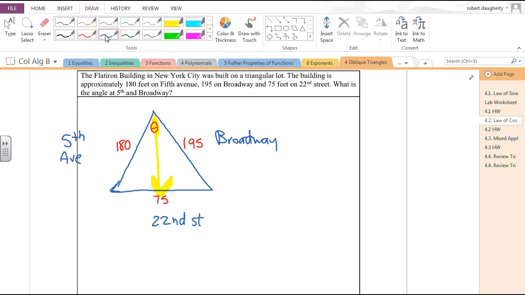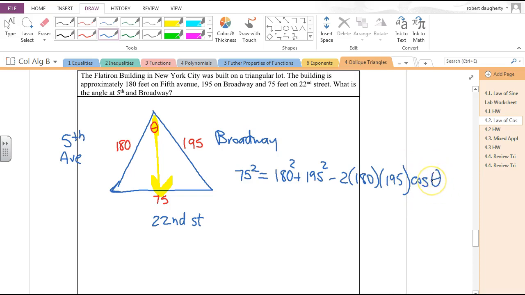75 squared equals what? Yeah, 180 squared plus 195 squared minus 2 times 180 times 195 times the cosine of whatever that angle is. So here I'm solving for the angle.